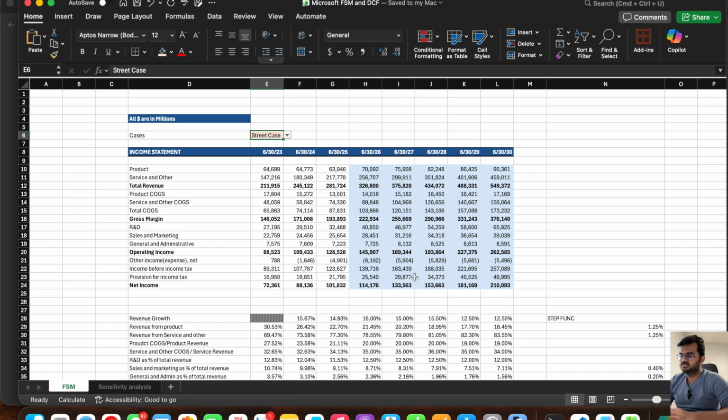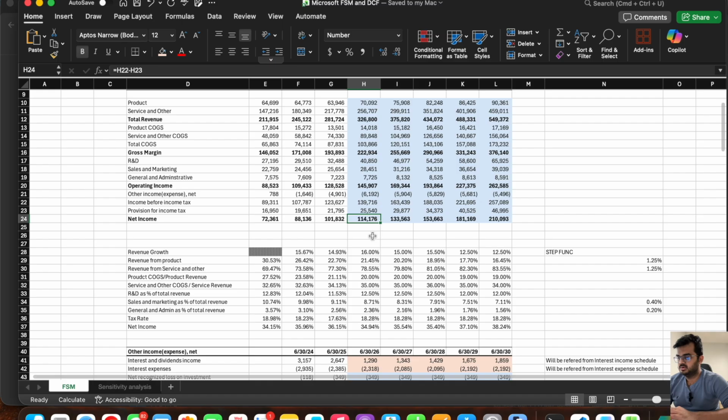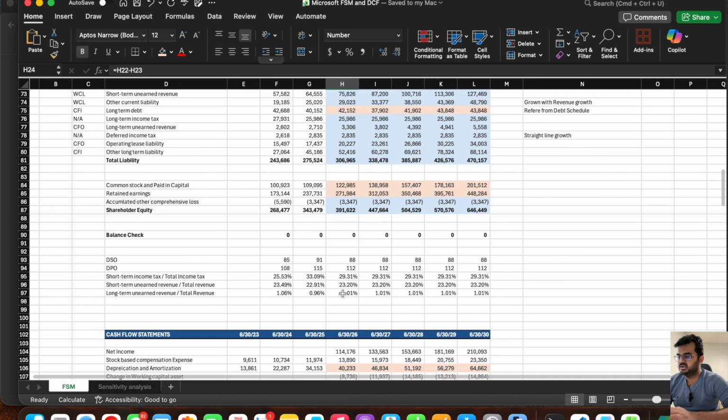Okay, so now you could see street case, the net income says $114 billion in 2026, and if I switch from street case to best case, you could see the number change from 114 to 128 billion. And similarly, from best to weak, if I switch it, you could see the number drop or update accordingly. The beautiful part about this is, say in the street case, you could see the total cash generated by end of the year.